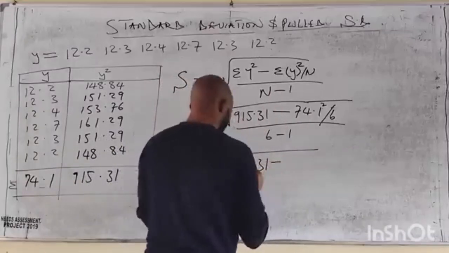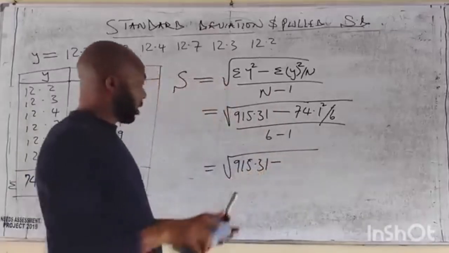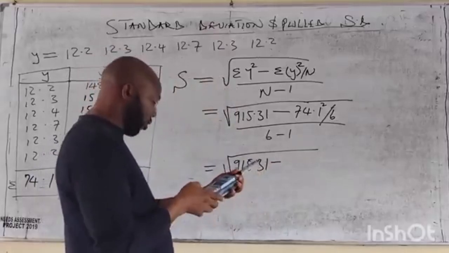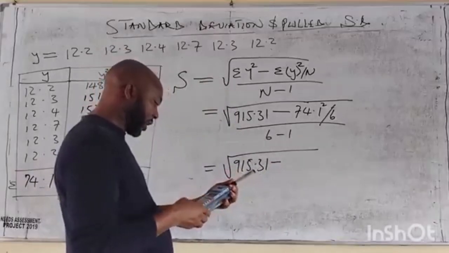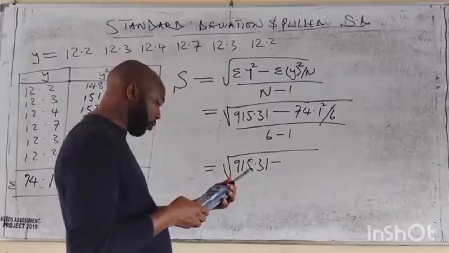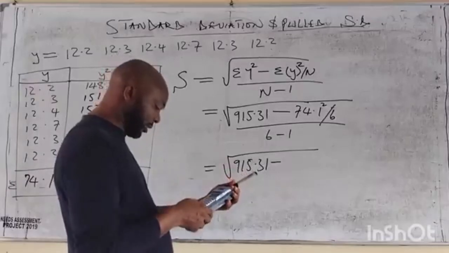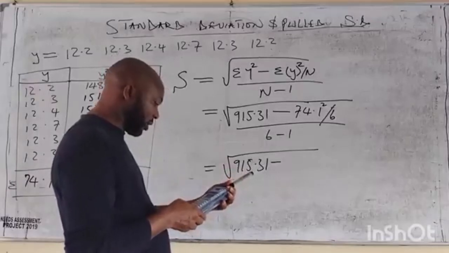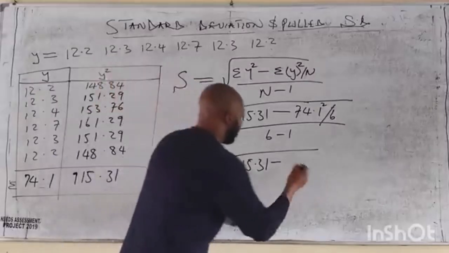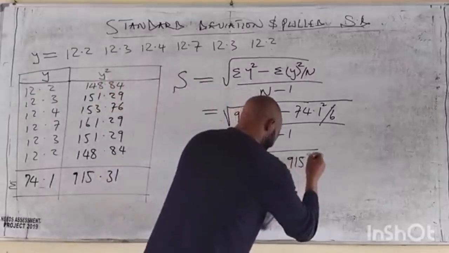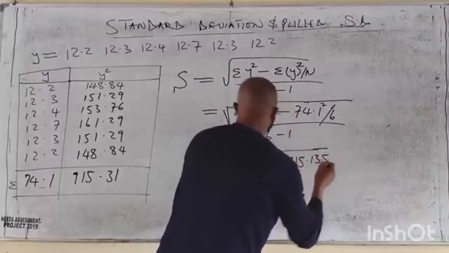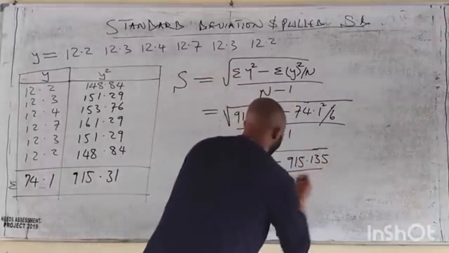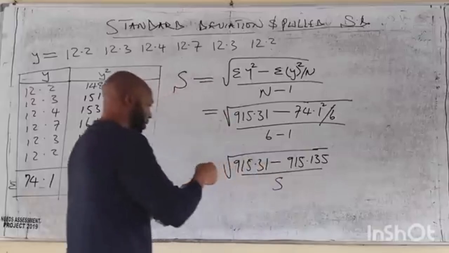And this is equal to 915.31 minus, 74.1 squared is 5490.81. Divided by 6 is 915.135, all over 5, 6 minus 1.